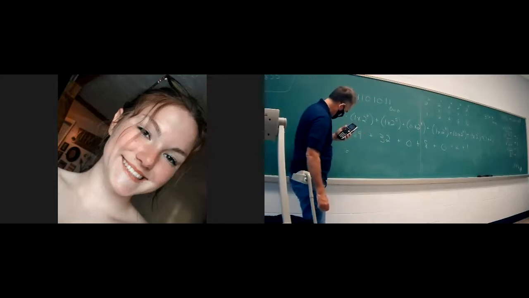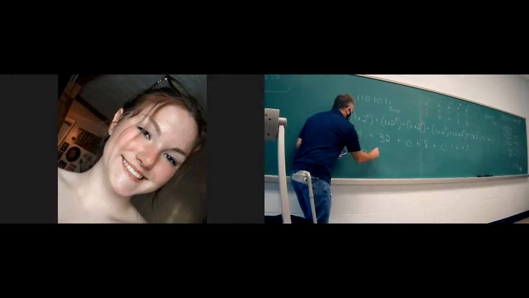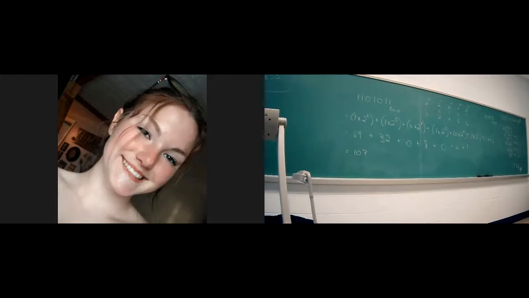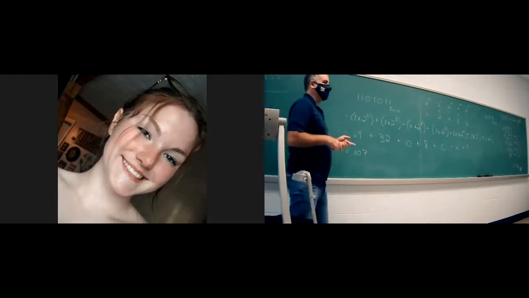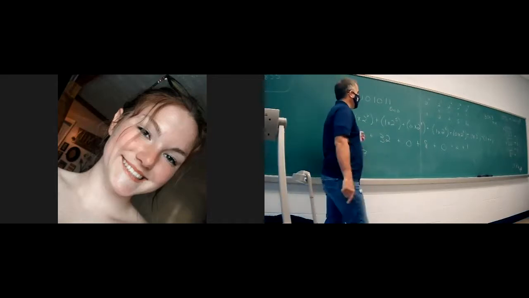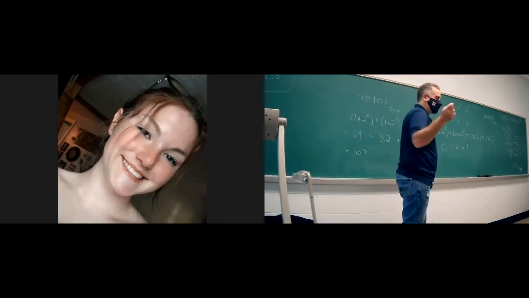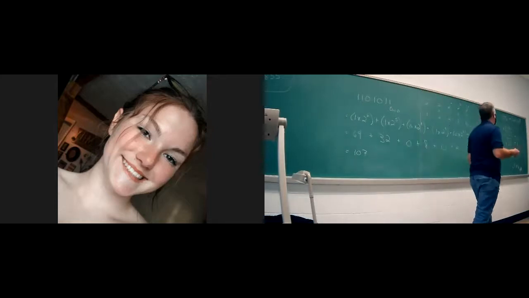I have 107. Okay. And if I'm converting from base 10 to base 2, I think of what combinations of powers of 2 I need. Because remember, every single base 10 number can be represented as a sum of powers of 2, some combination.